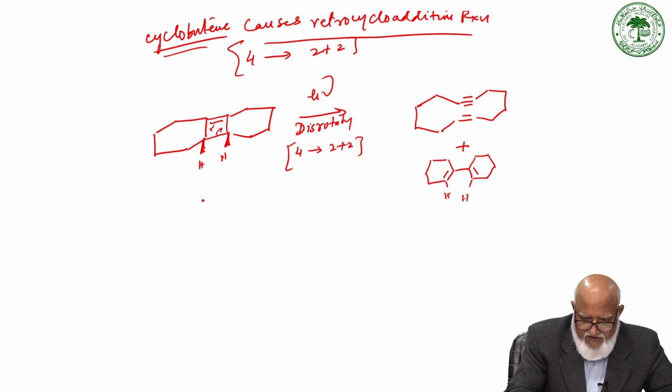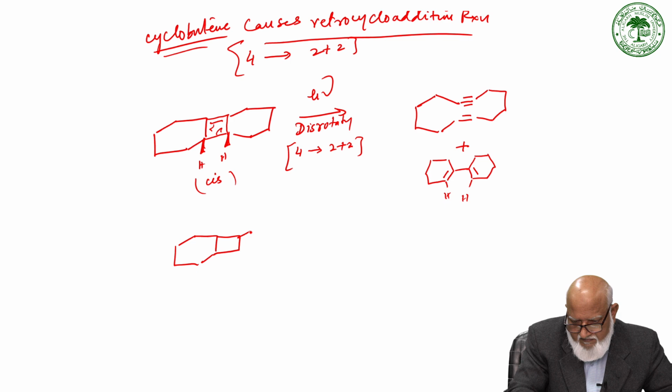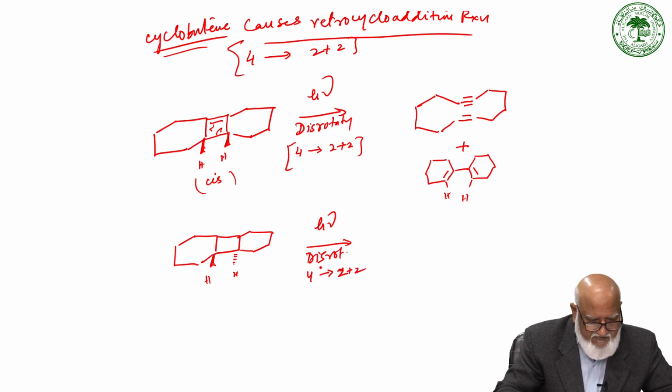If we have a cis ring junction, or if you have a trans ring junction, then under photolysis, this rotatory 4 going to 2 plus 2, and it opens up.